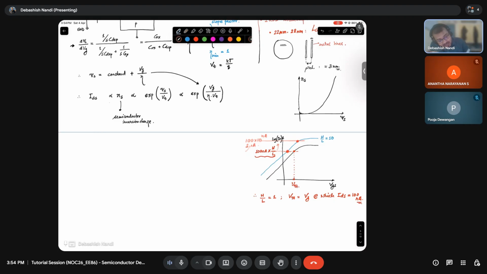Now, from this information, can I write the IDS equation as 100 nanoampere times W by L times exponential of Vg minus Vth divided by N Vt?